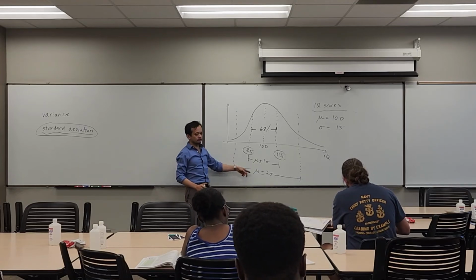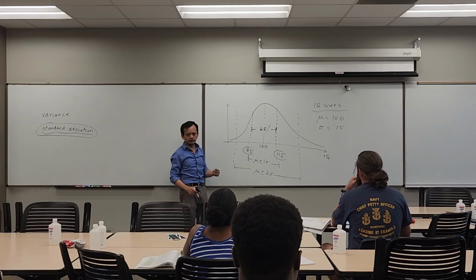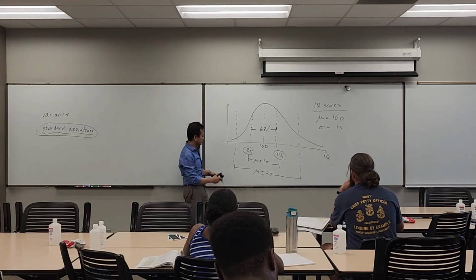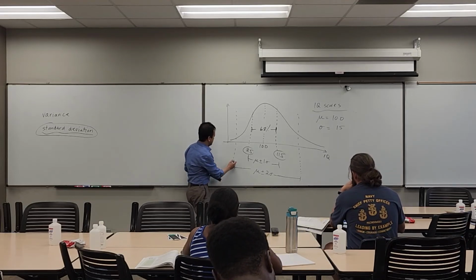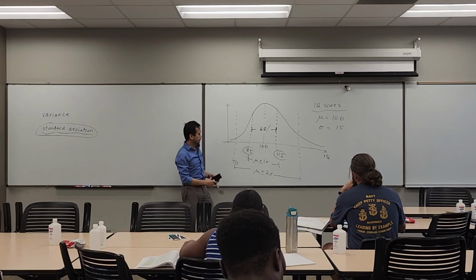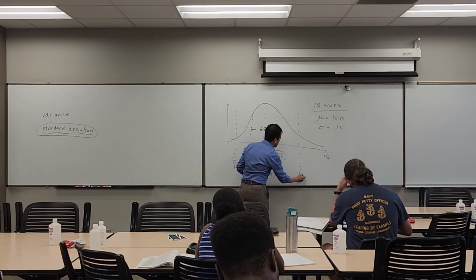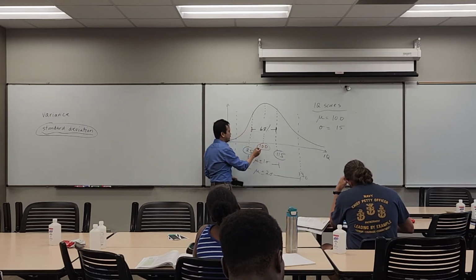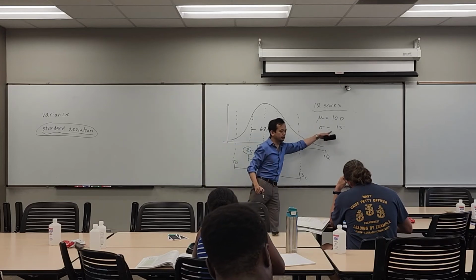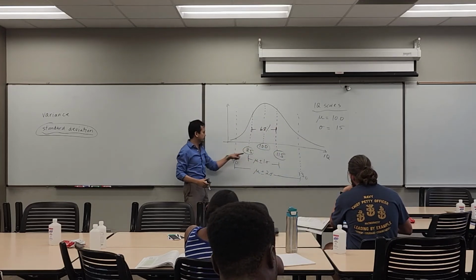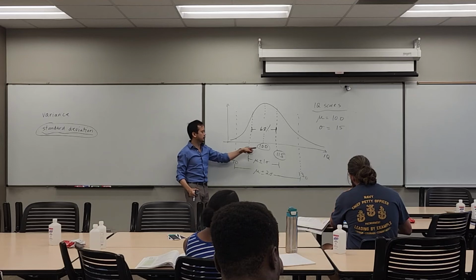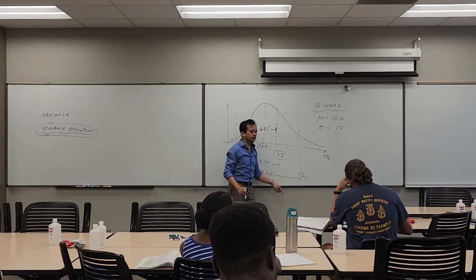So what's the lower bound for all values that are within 2 standard deviations? 70, and then 130. Because if we start at the mean and we subtract 2 standard deviations, we're subtracting 30 points. So 100 minus 30 is 70, and then 100 plus 30 is 130.